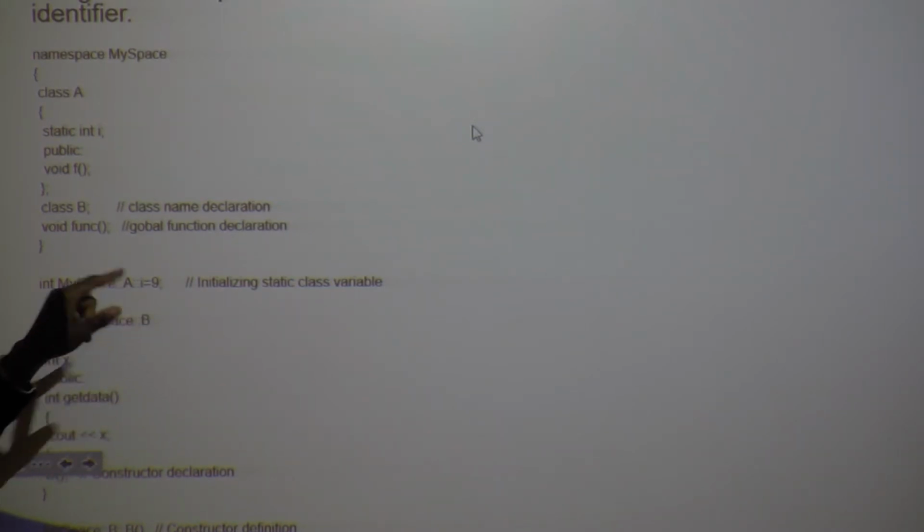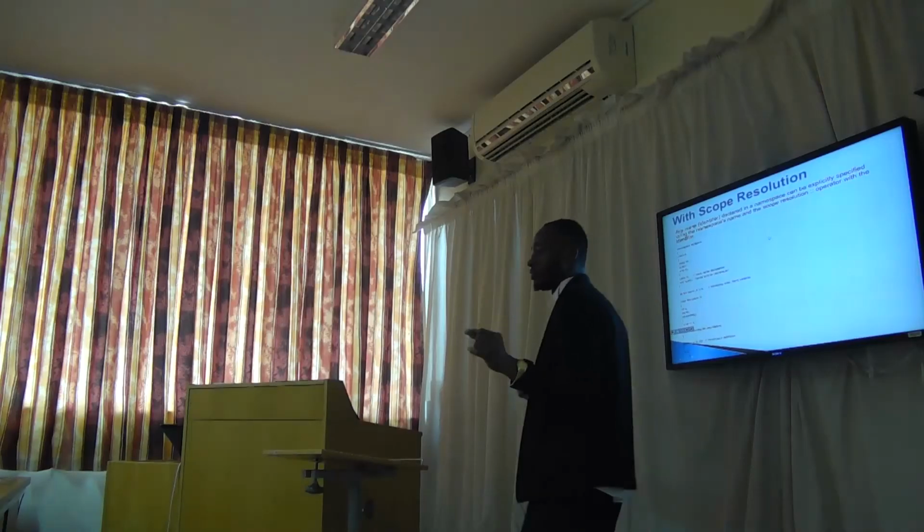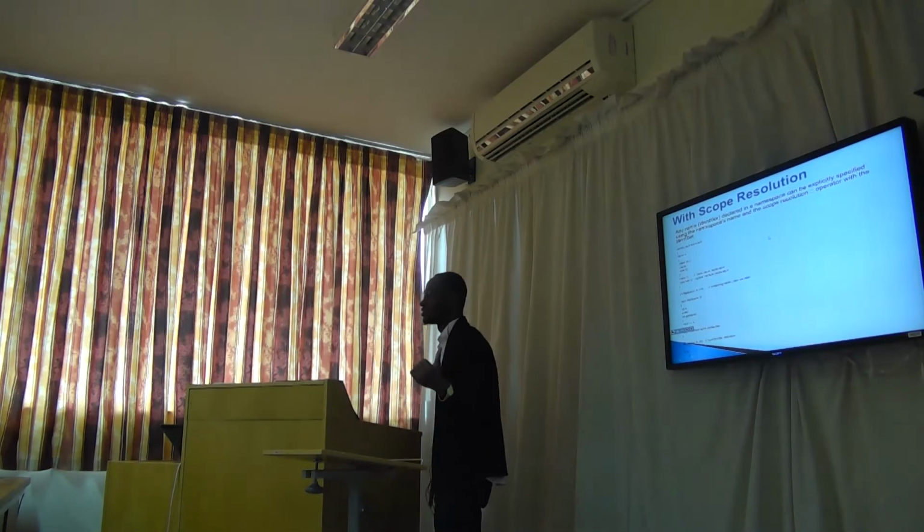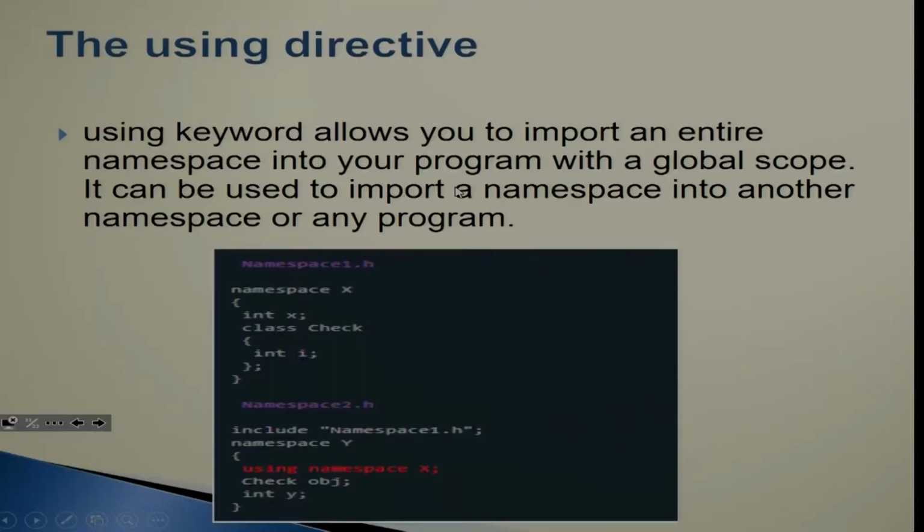Because when we say scope resolution, this is what we mean, using those two colons that are happening there, right? And then the other way is by using the directive. What we mean is, remember we always do it when we are dealing with using namespace std.